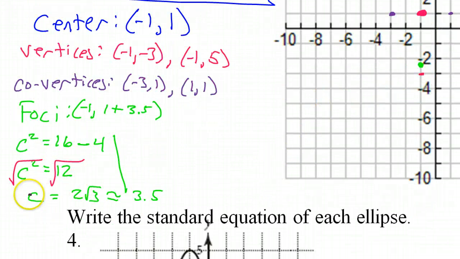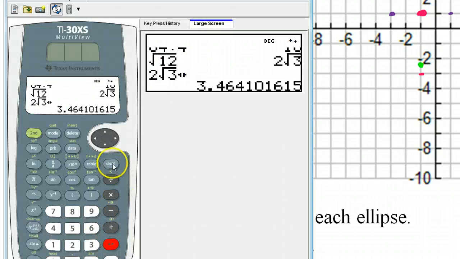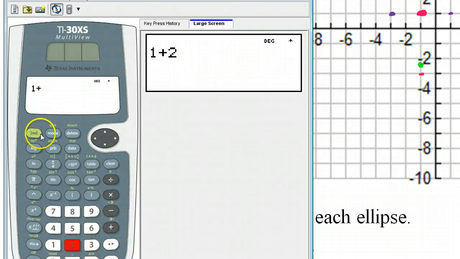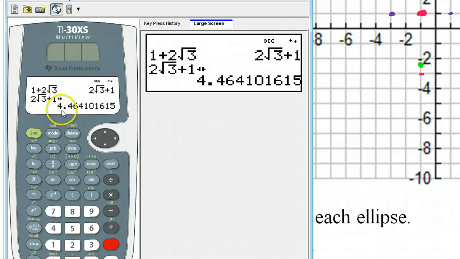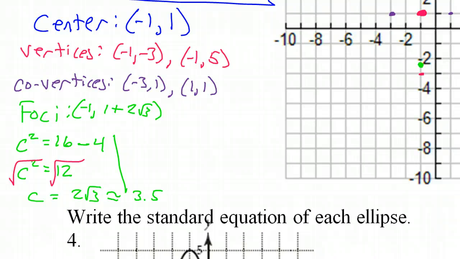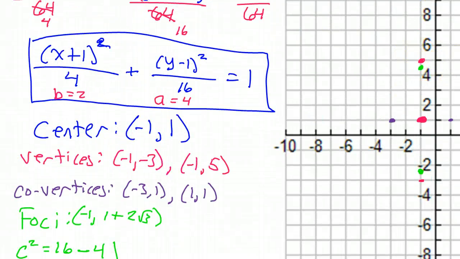Well, we can do that same thing, but just deal with radical form. We're still starting at 1, and we're still going up 2 radical 3. So instead of putting the 3.5, do 1 plus 2 radical 3. Notice that's the same thing as 3.5. That's still the 4.5 that we were talking about.